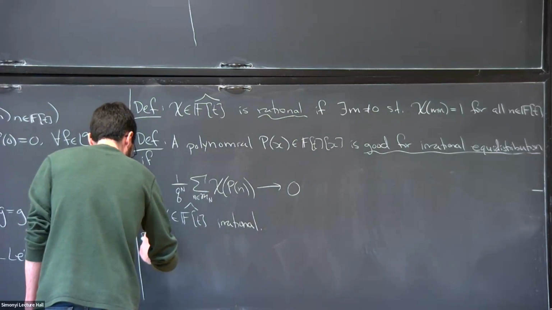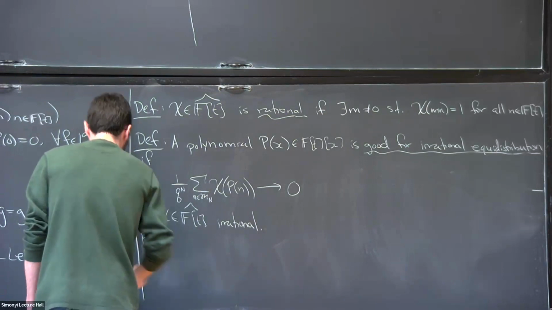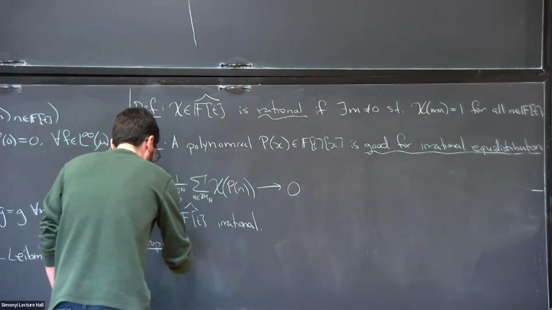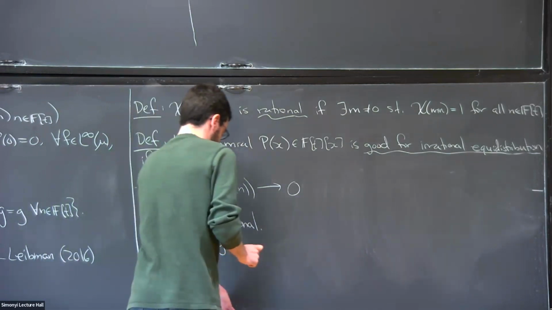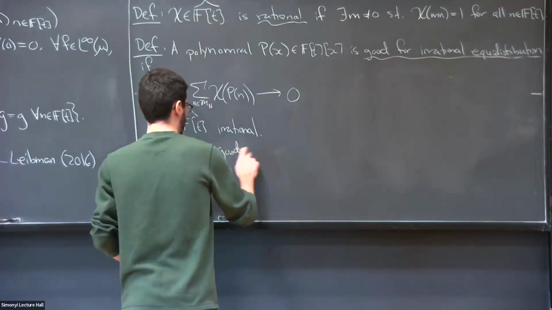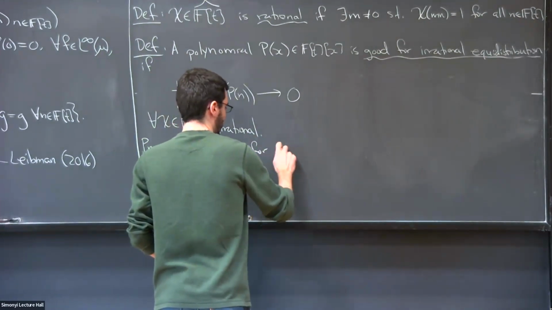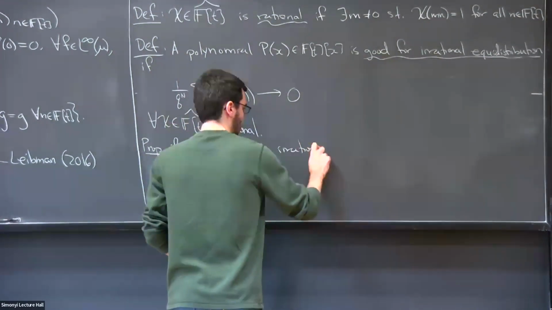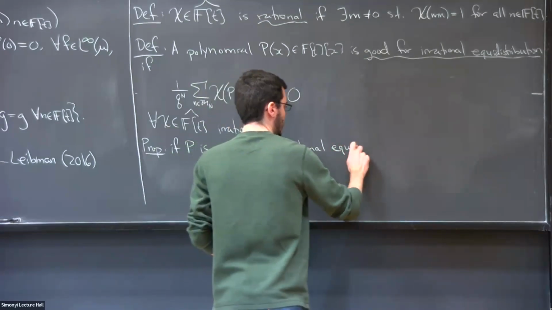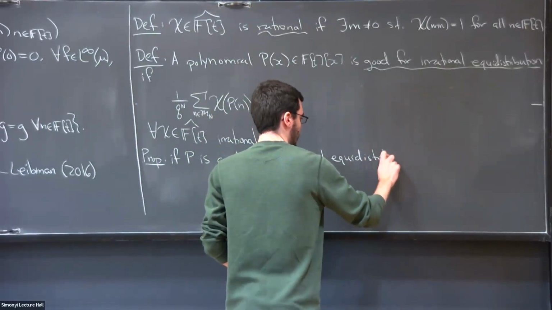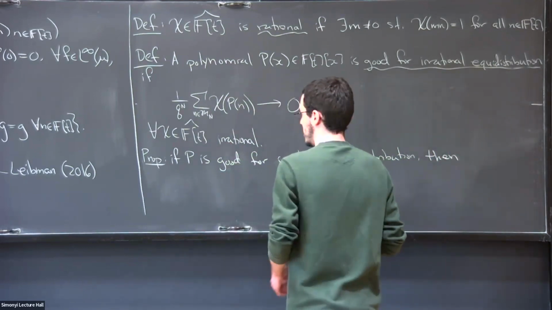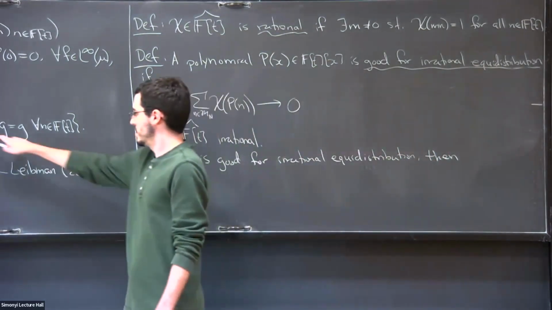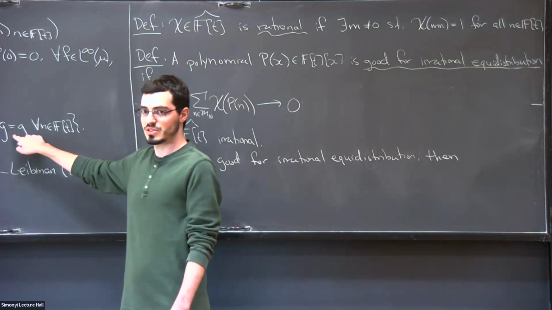Okay, so then what's going on here is that if P is good for irrational equidistribution, then this subspace is just constant functions.